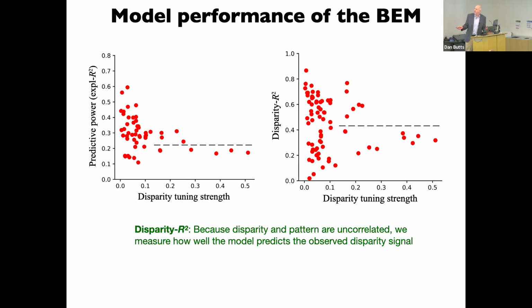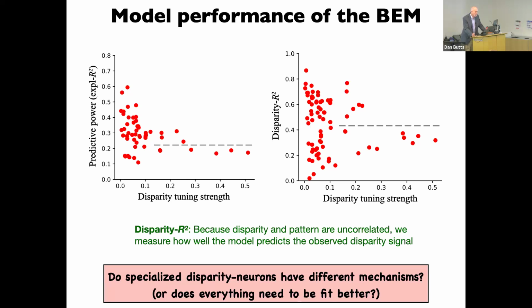The binocular energy model explains some fraction of the response to disparity, but it's still a relatively small fraction. And so you can see that it also doesn't seem to do well with disparity tuned neurons any more than it would with non-disparity tuned neurons.